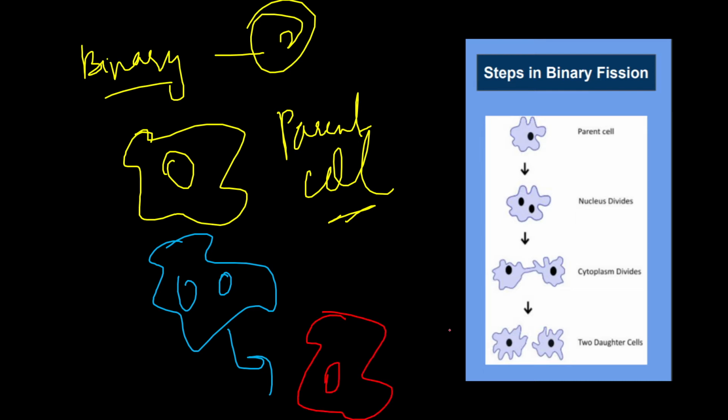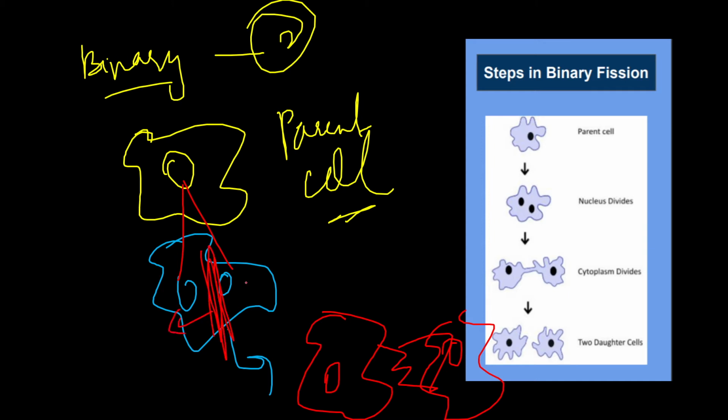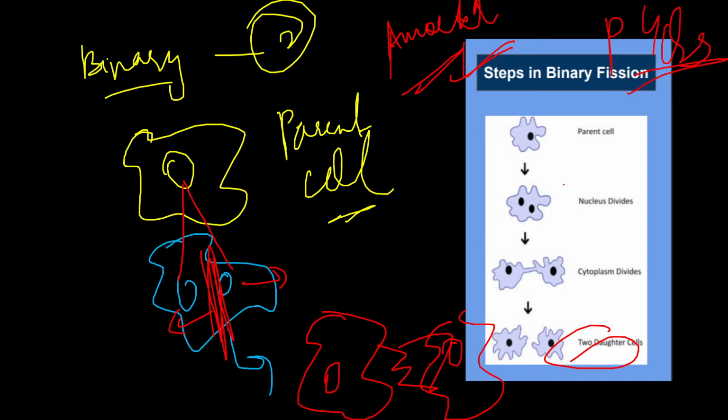This is one cytoplasm, this is the second cytoplasm. Now they start dividing. This is the parent cell, nucleus divided into two. Now these will separate out into two daughter cells, and this is known as binary fission, which happens in amoeba. Done. And many PYQs have been asked on the basis of binary fission.